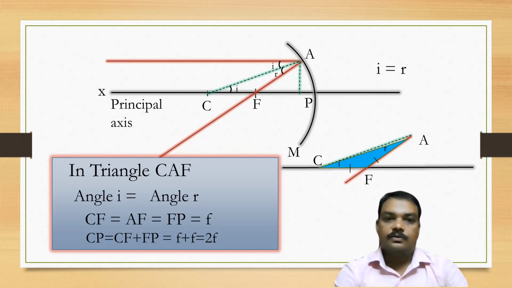Already given above, CF plus FP is equal to F plus F, that is equal to 2 times F. So from this, it's clear C to P, the radius of curvature, is equal to 2 times the focal length. This is also known as the relation between the radius of curvature and the focal length of a curved mirror.